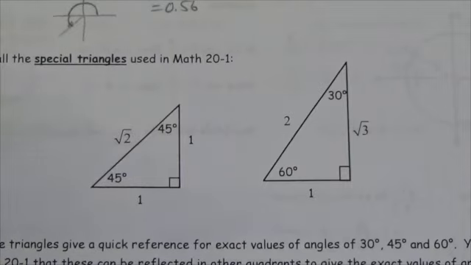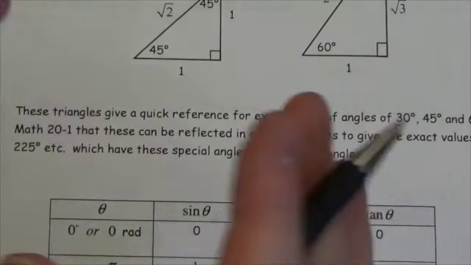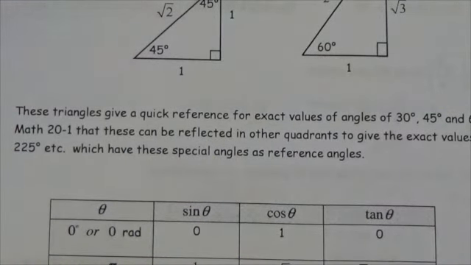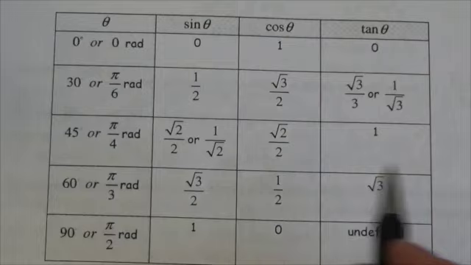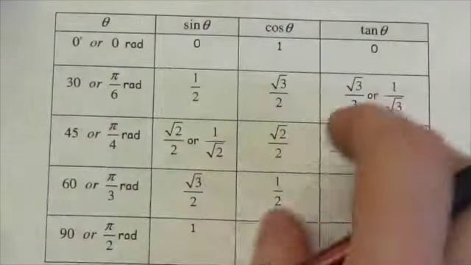Now, you also learned in Math 20, and that's what this next little paragraph's about, about reflecting these triangles from one quadrant to the other. Essentially, you were developing the cast rule, and you might have built a chart that looks like this to help you memorize those ratios.